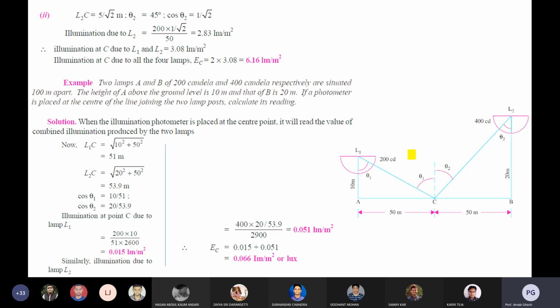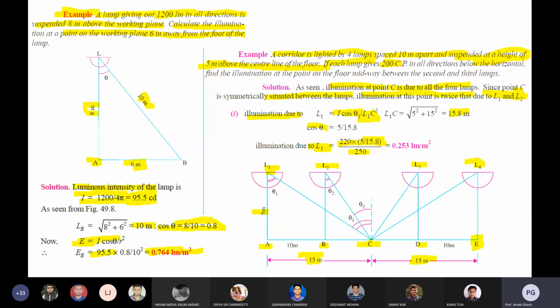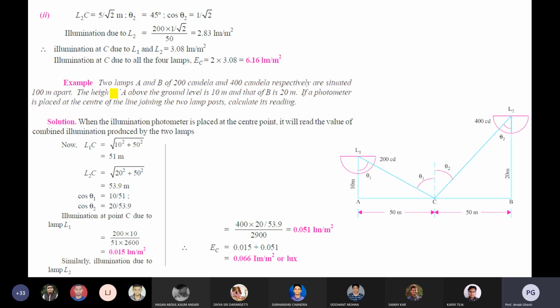Okay, now you can go for that L2 also. 200 by 50. Yes, some mistakes are there. Now for L2, you directly get it from L2C from here.